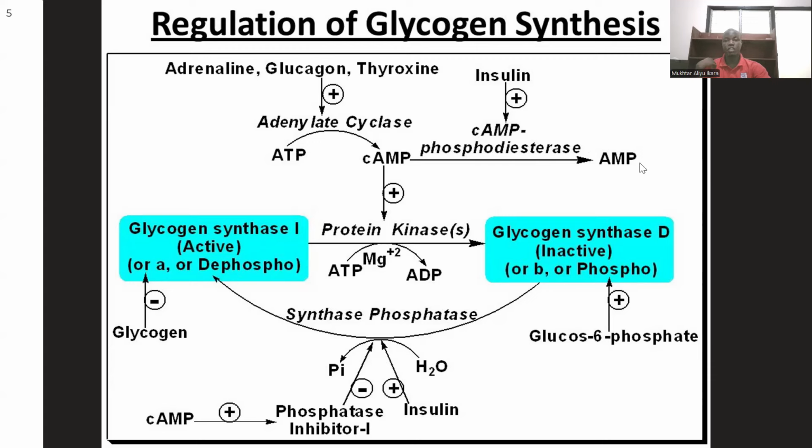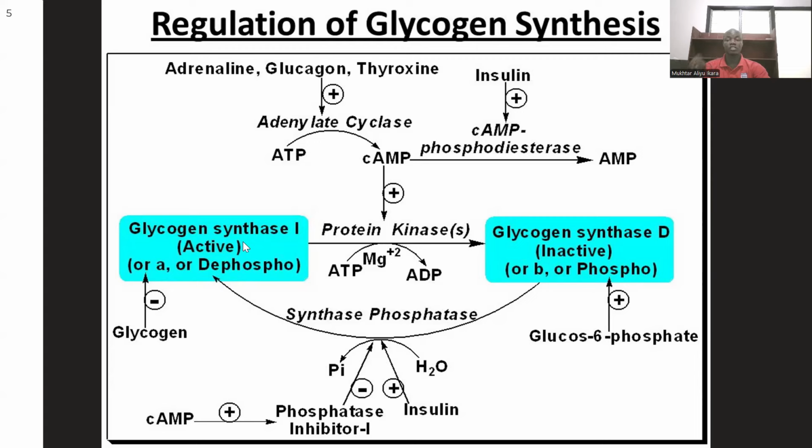And once AMP is produced from the cAMP, it means there is no second messenger. So if there is no second messenger, what will happen? It means that protein kinase will not be activated. Therefore, the glycogen synthase will remain in the dephosphorylated form.